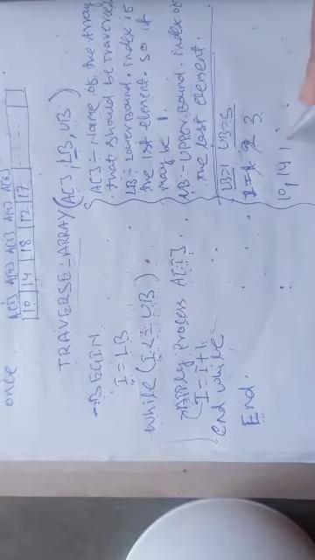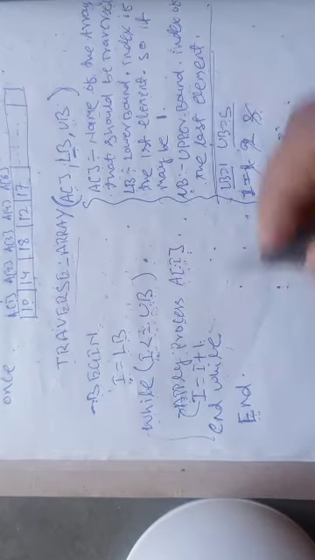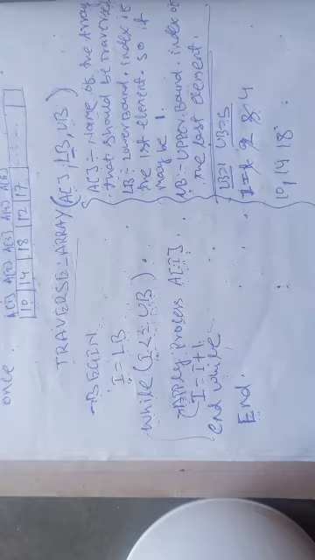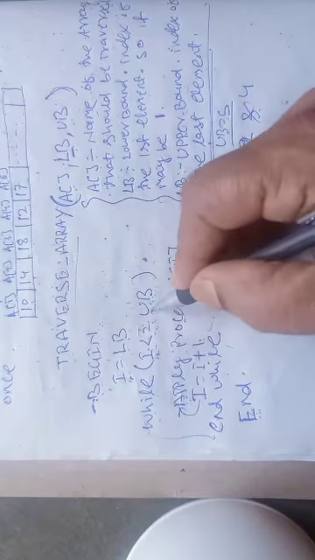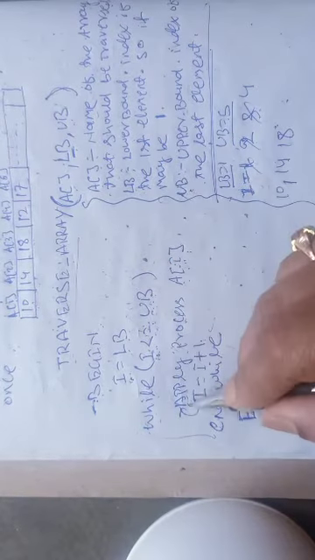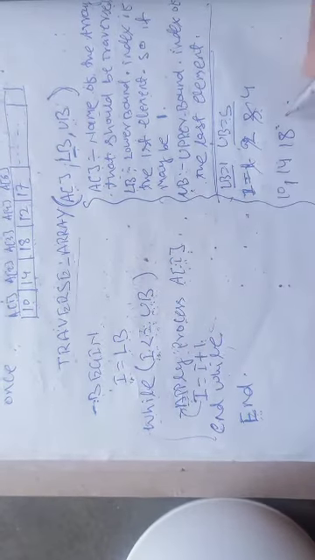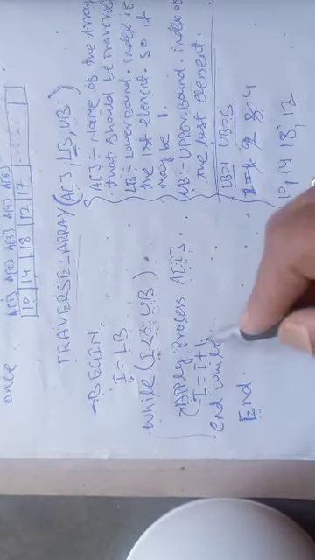A3 means 18, and 18 is being processed. Then I is incremented to 4. End while means go back to the condition: 4 is less than or equal to upper bound 5, yes. Then move inside and apply the process to the fourth element, which is 12. So 12 is processed, and I is incremented.